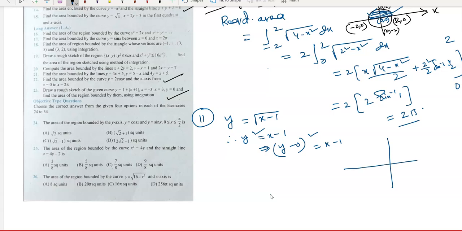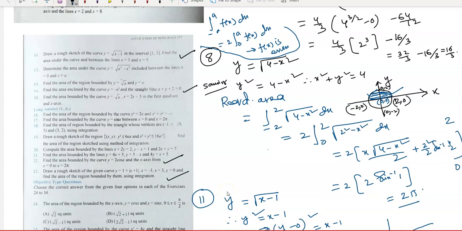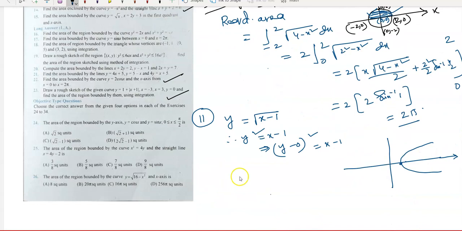The vertex is going to be 1, 0, and it will be like this. This point is 1, 0. See the other curve, that is y square equal to x minus 1, and the next ones are x equal to 1 and x equal to 5. This is 1 because the vertex is 1.